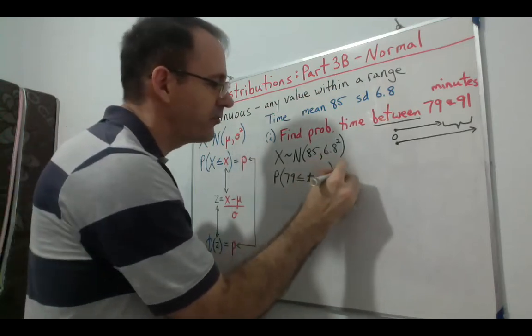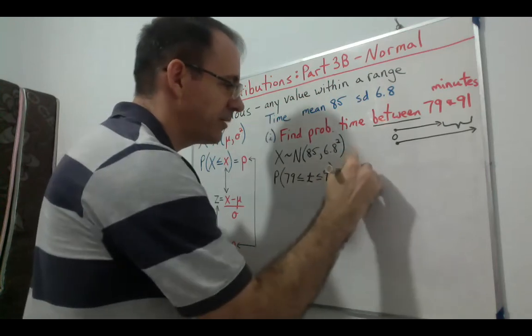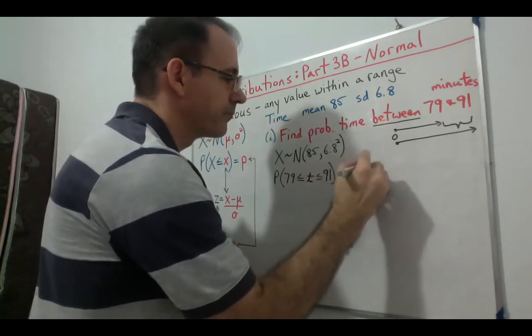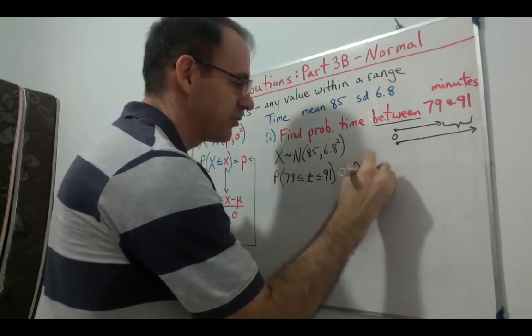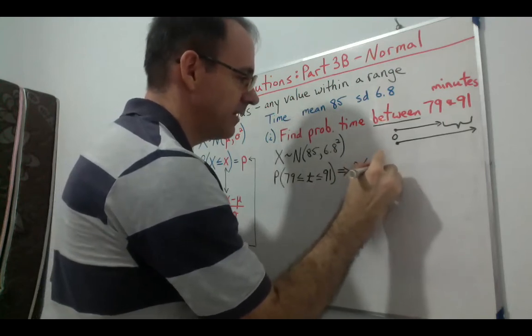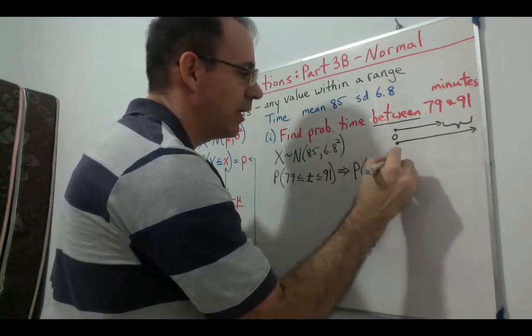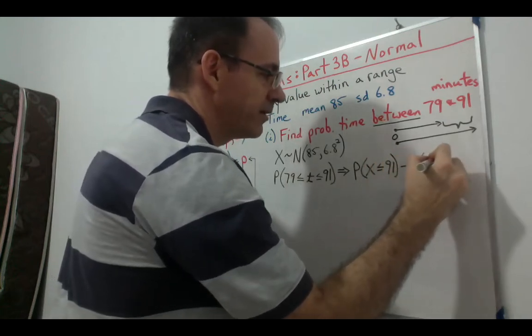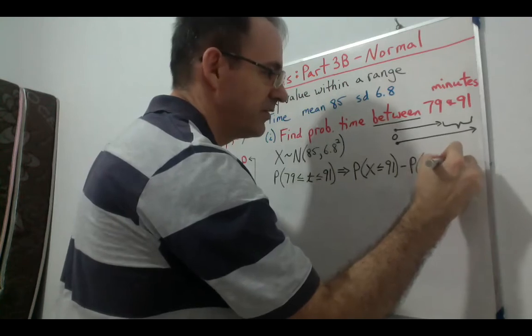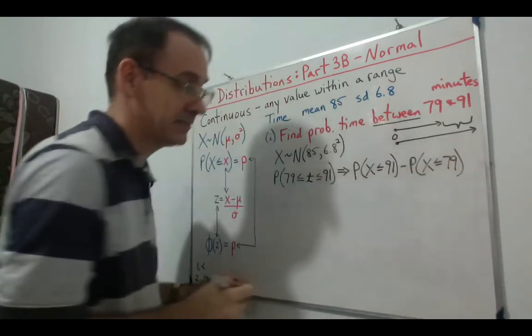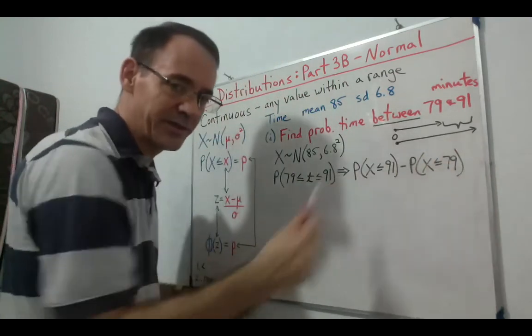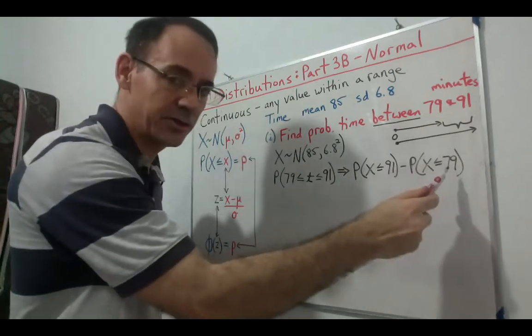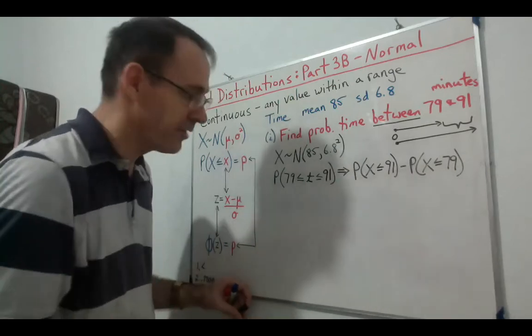You could also write this as the probability that your random variable is less than or equal to 91 minus the probability that your random variable is less than or equal to 79. So you could also do it this way. This is what you're going to be doing with the math.